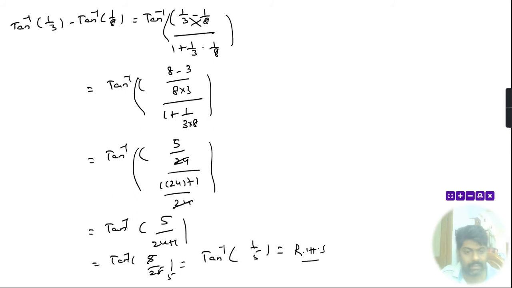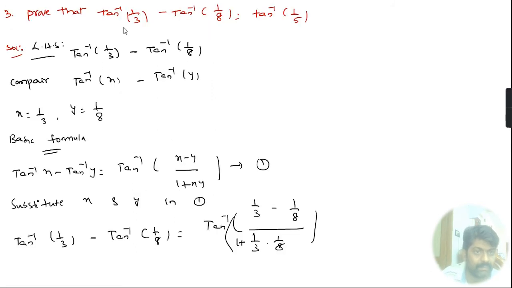So let us recall that problem. We prove that tan inverse of 1 by 3 minus tan inverse of 1 by 8 is equal to tan inverse of 1 by 5. So we compare that tan inverse x minus tan inverse y is nothing but tan inverse of x minus y by 1 plus xy.